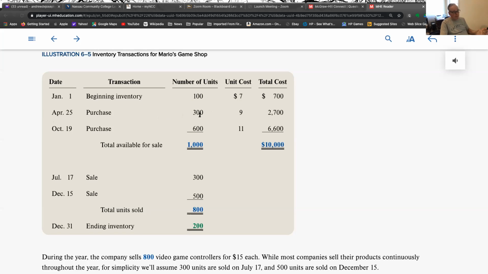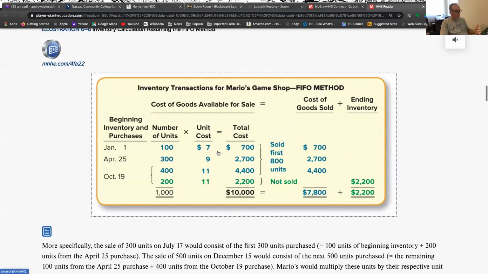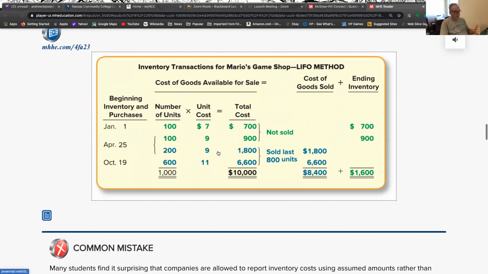I know it says 300, right? But we have 100 of those left. The other 200 was sold. So 100 times 7 and 100 times 9. Add those two together, and that's the ending inventory. I think that should be 1,600. Right?